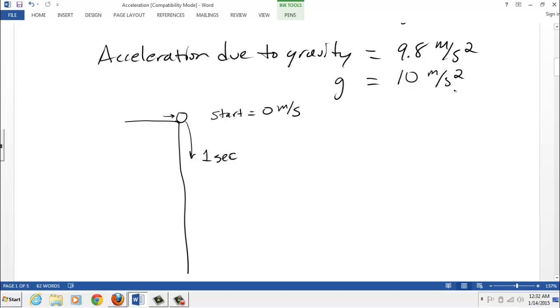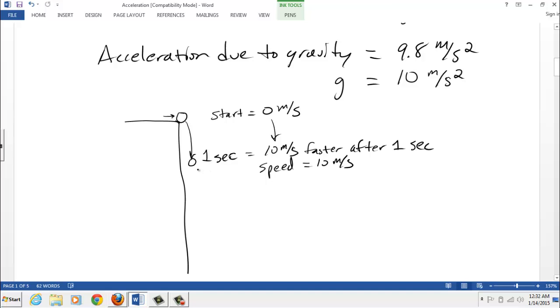In other words, it is 10 meters per second faster after 1 second. For every second, it speeds up by 10 meters per second. So we take the initial velocity, 0 meters per second, and add 10 to it. The speed after 1 second is now 10 meters per second.